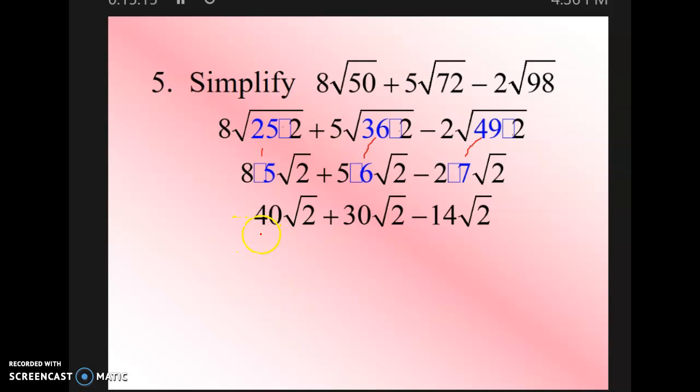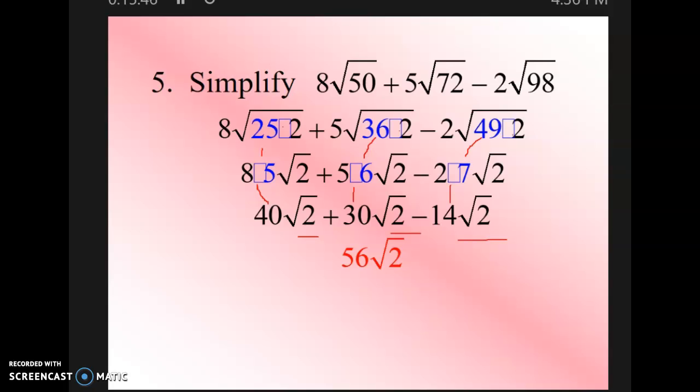Now we have 40, which is 8 times 5, square root 2; 30, which was 5 times 6; and then negative 14, because of a negative 2 times 7. They all have the same number under the radical, which means we can combine the coefficients. 40 plus 30 minus 14. The final answer is 56 square root 2.